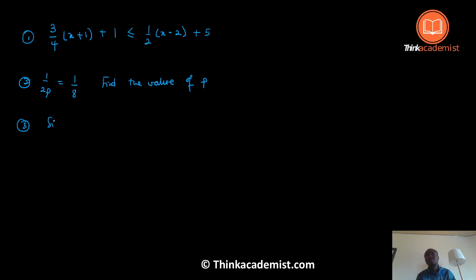Simplify 3q times 12pq. Are we okay? Yeah, I think that is the end. No, the last one, which is a fraction question. 7 over 1/2 times into bracket 1/4.